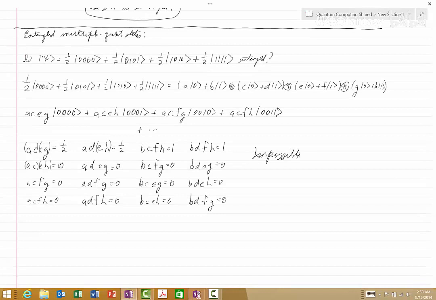However, as your book points out, we can pose a question of entanglement in a different sort of way. If we're asked for entanglement with regard to a system decomposition consisting of a subsystem of the first and third qubit and a subsystem consisting of the second and fourth qubit, okay, let's see how that goes.